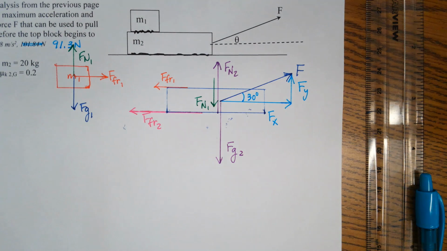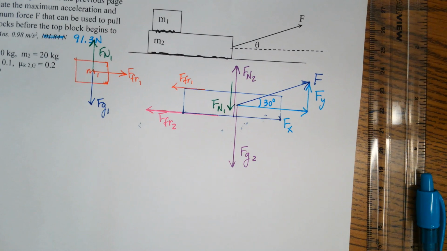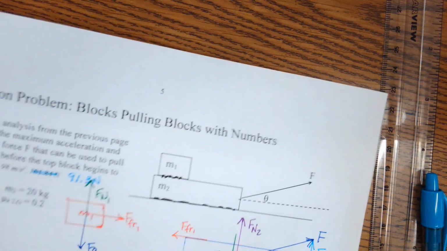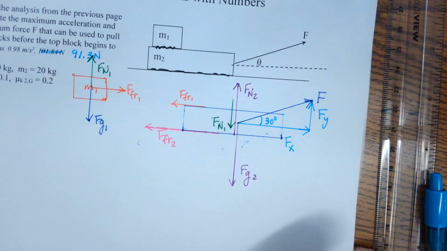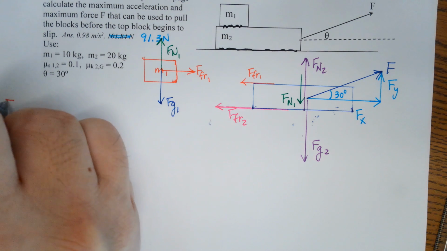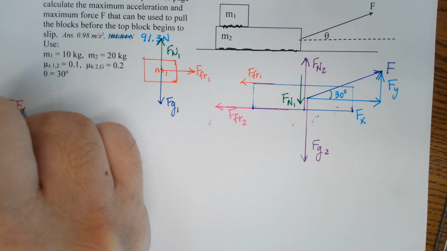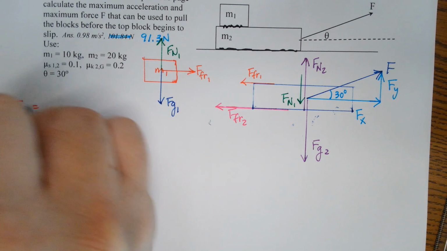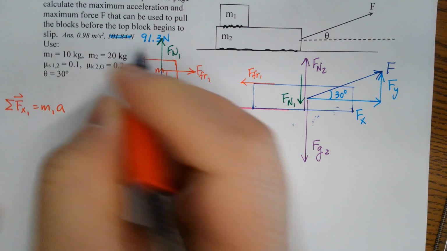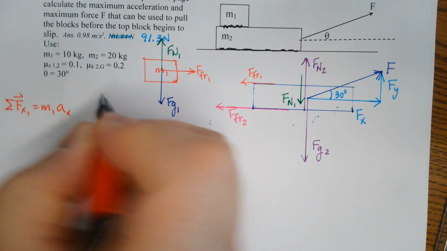I have sum of all forces. So sum of all forces in the x direction is equal to m1a, right, in the x direction.